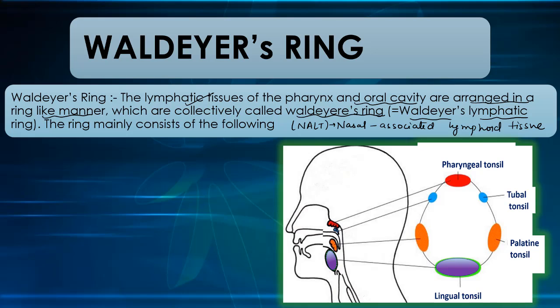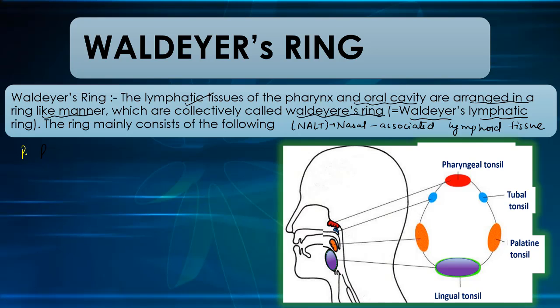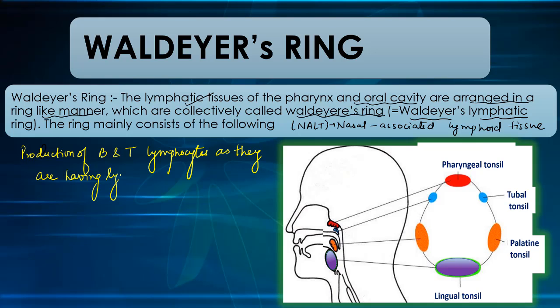These tonsils are the site for the production of B and T lymphocytes, as they have lymph nodes.